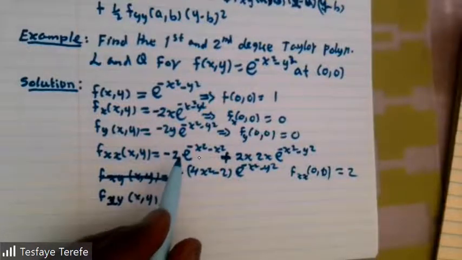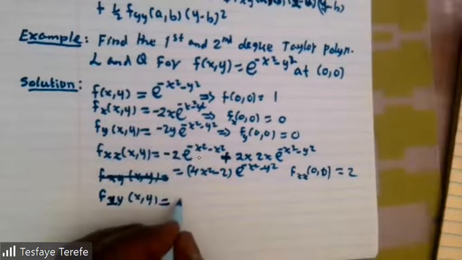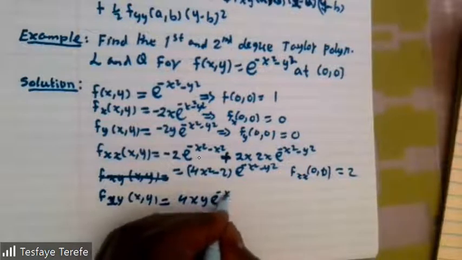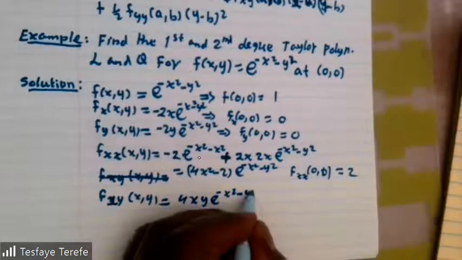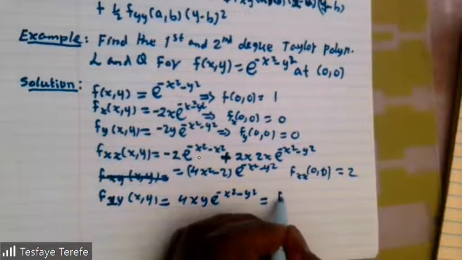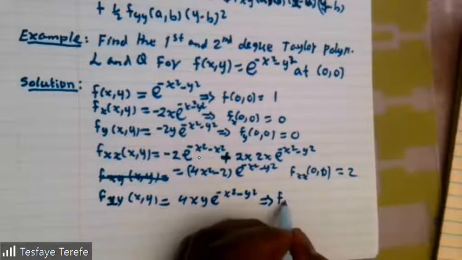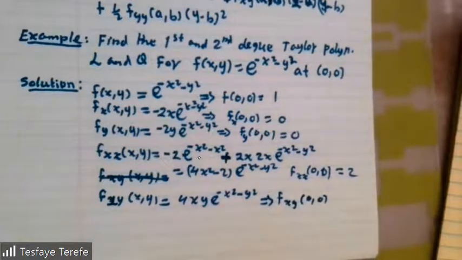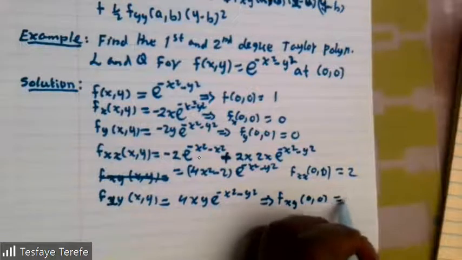So this is going to be negative 2y. You have 4xy e raised to negative x squared minus y squared. And this will give me, at, because both x and y are 0, this term is going to be 0.